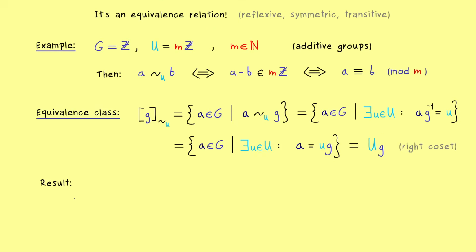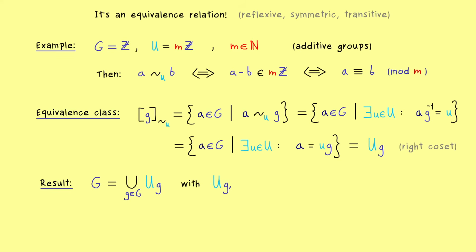And therefore, the general theory of equivalence relations immediately gives us the following result. Namely, G can be written as the disjoint union of the equivalence classes. So in our case, we can say we go through all the elements lowercase g and then form the union of the right cosets. However, here please be careful.